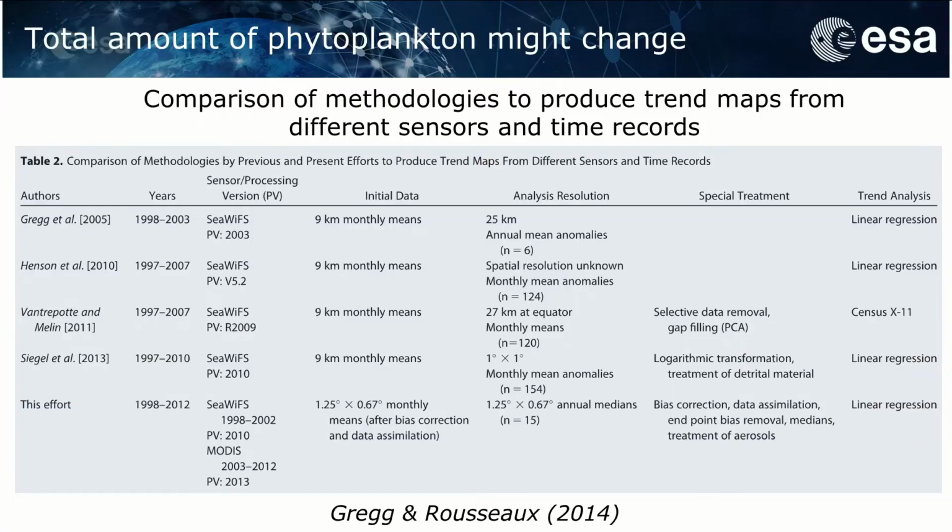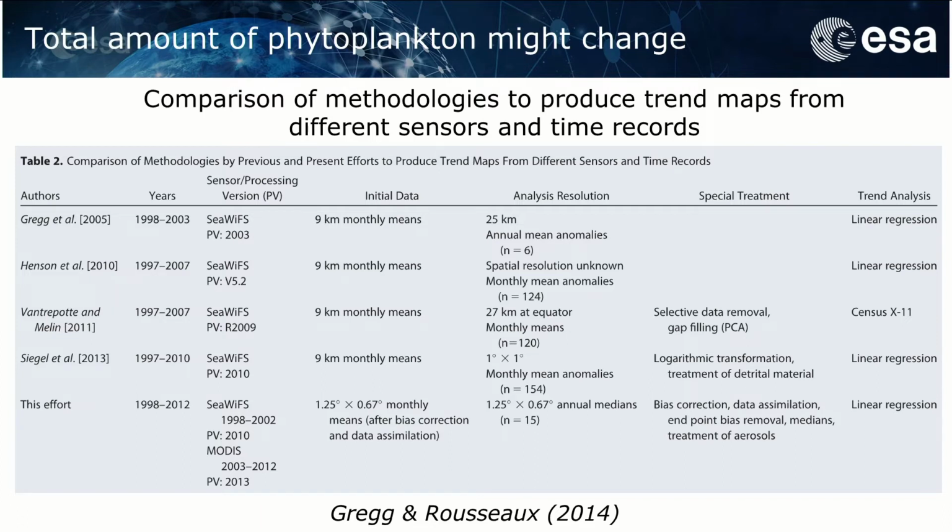Okay, so initial work looking at trends in some SeaWiFS products are shown here. This is a paper by Gregg and Rousseaux, I probably mispronounced this second name, so I apologise for that, in 2014, and they looked at a series, sort of a literature review, of different methods to look at trends in chlorophyll over the SeaWiFS periods, different data sets, slightly different resolutions in their case here.